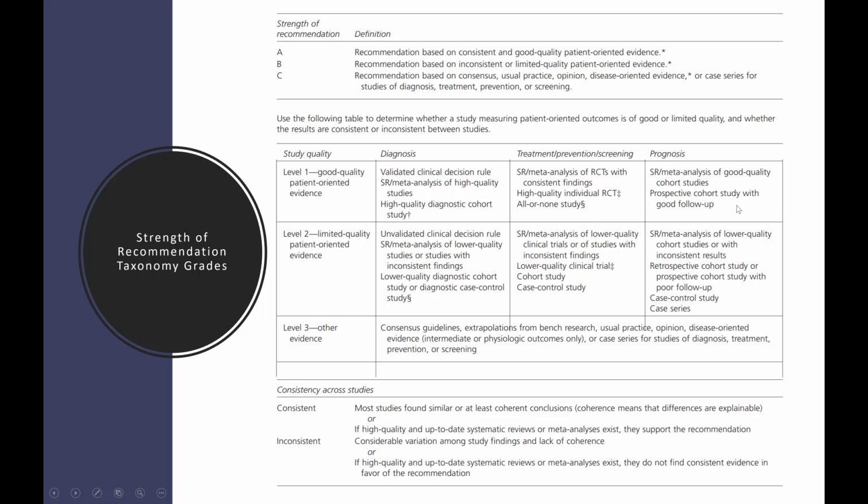It has the level of evidence for individual studies, and then it has the strength of the recommendation, which comes out of the levels. And the other thing we need to make sure of is the consistent research or inconsistencies. We want consistent research when we look at the articles.